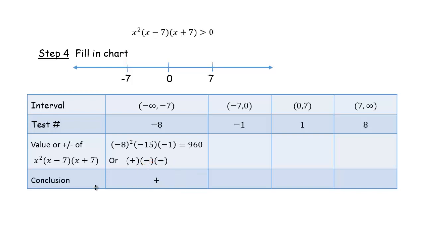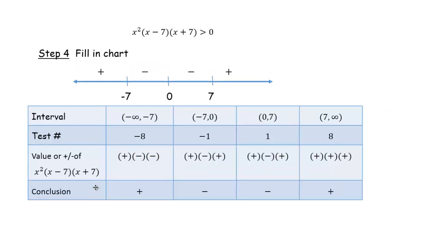Let's do the same thing for the other 3 intervals. When I plug negative 1 into x squared times x minus 7 times x plus 7, I get negative 1 squared, that's a positive. Negative 1 minus 7 is a negative number. And negative 1 plus 7 is a positive. A negative times 2 positives is a negative. Now let's plug 1 in.